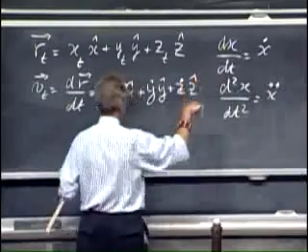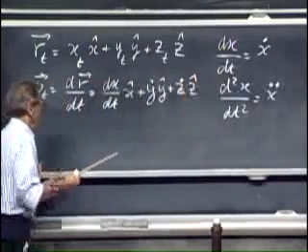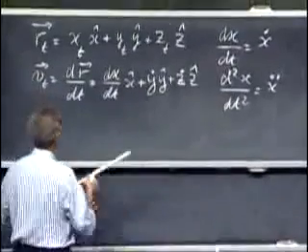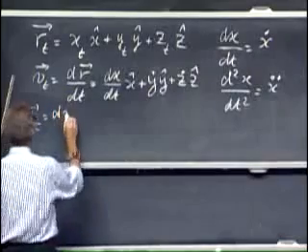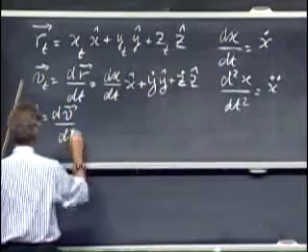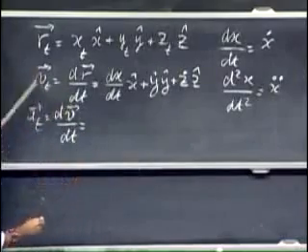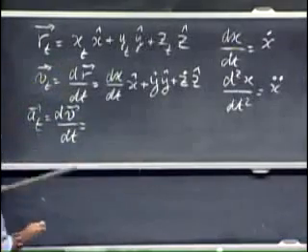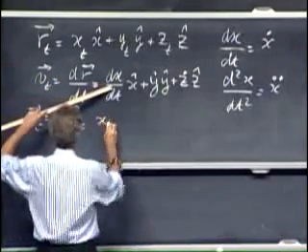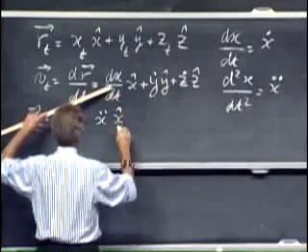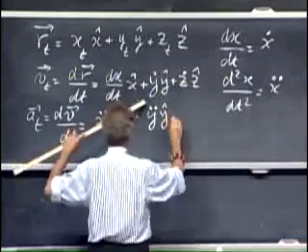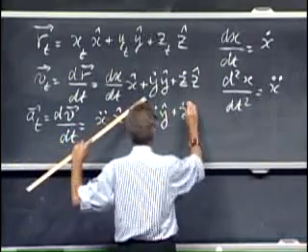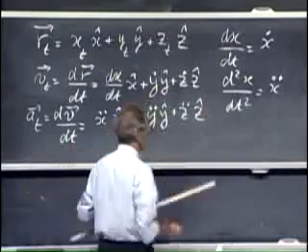So z dot is dz/dt. What is the acceleration as a function of time? Well, the acceleration equals dv/dt. So that's the second derivative of position versus time. And so that becomes x double dot times x roof plus y double dot times y roof plus z double dot times z roof.